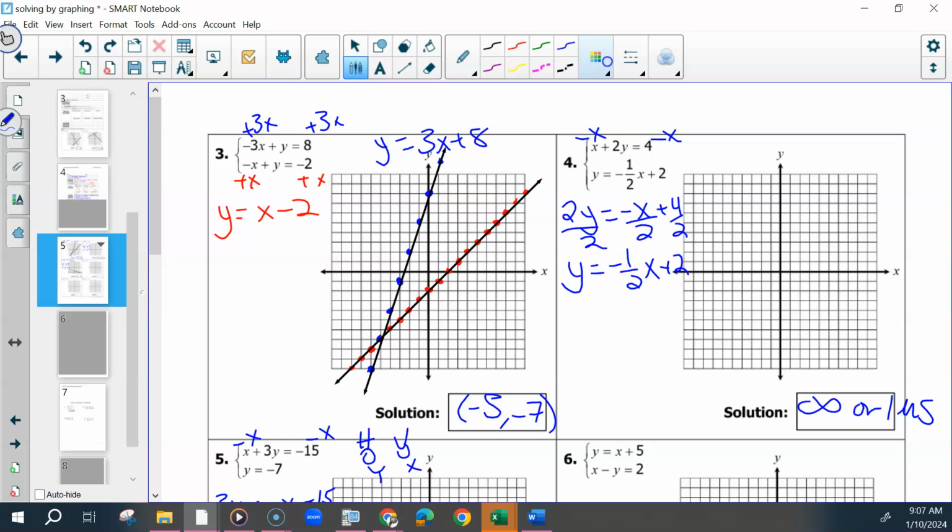So graph the line at least once. And then to show that there's a second line, you can do one of the following.